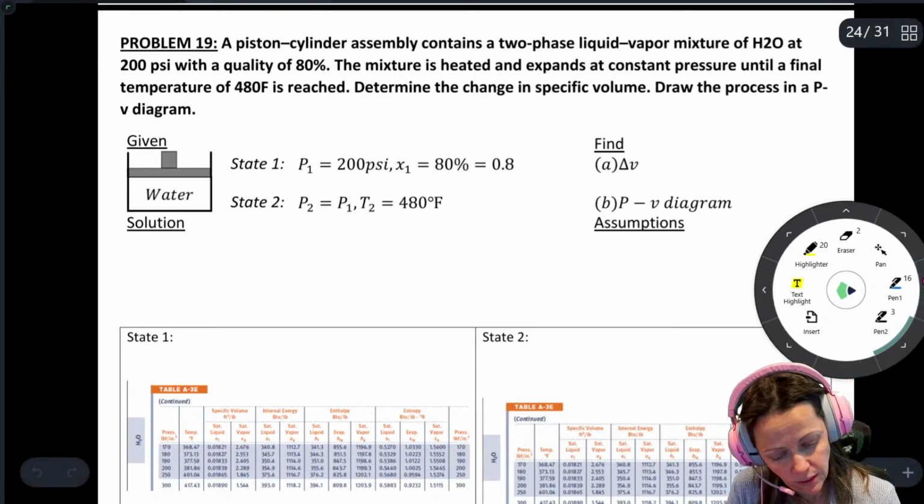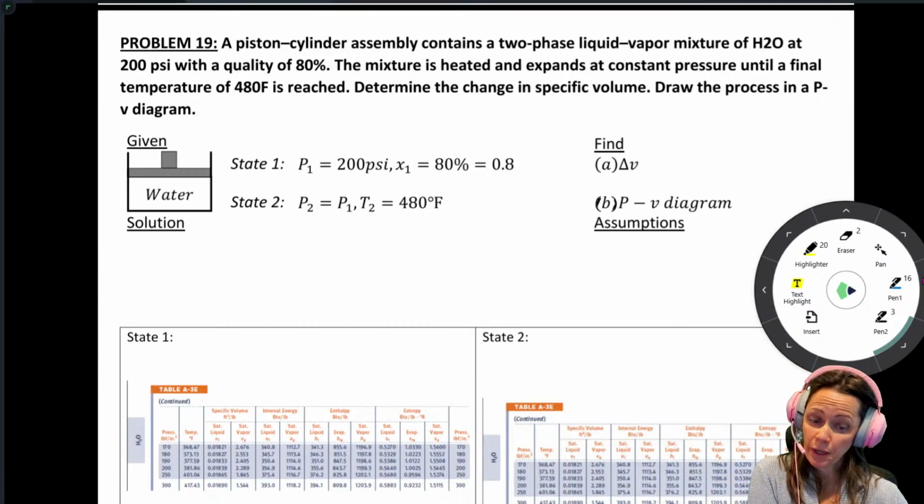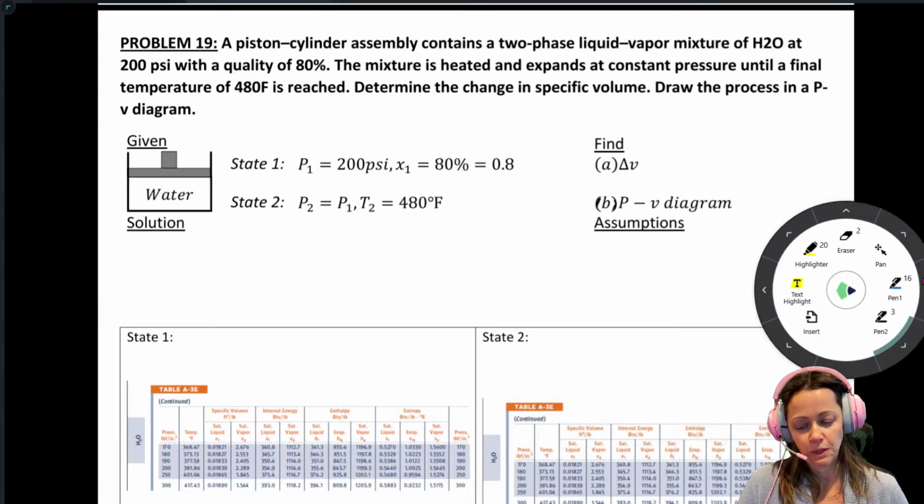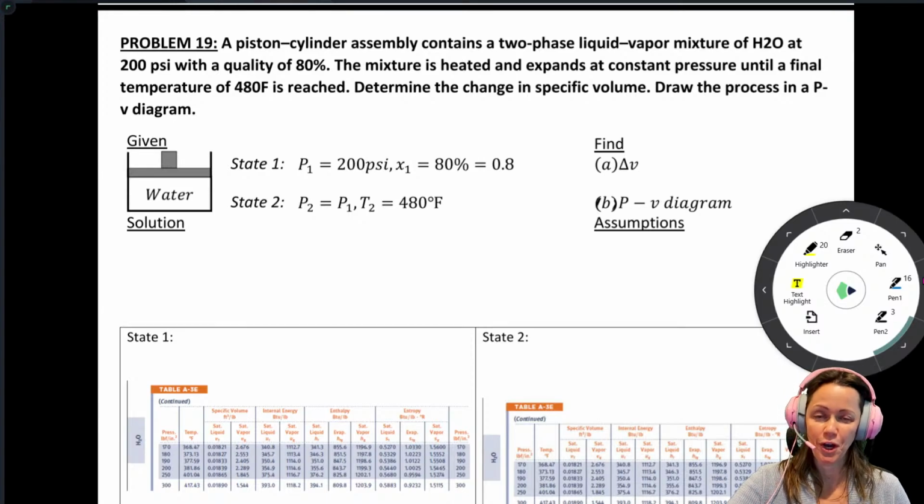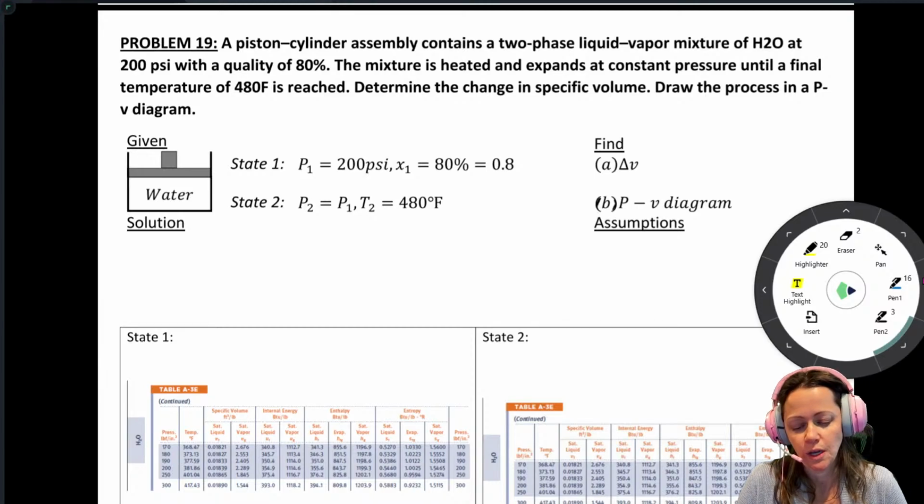Also be prepared to fill out that given, find, assume stuff yourself. I would make sure that you cover that stuff up when you go back and solve the problems, and that you can find those important elements of the problem in your given.